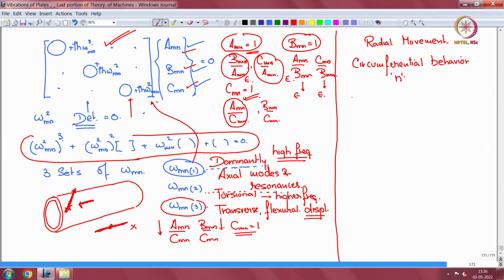So how does n equal to 0 behavior look like?